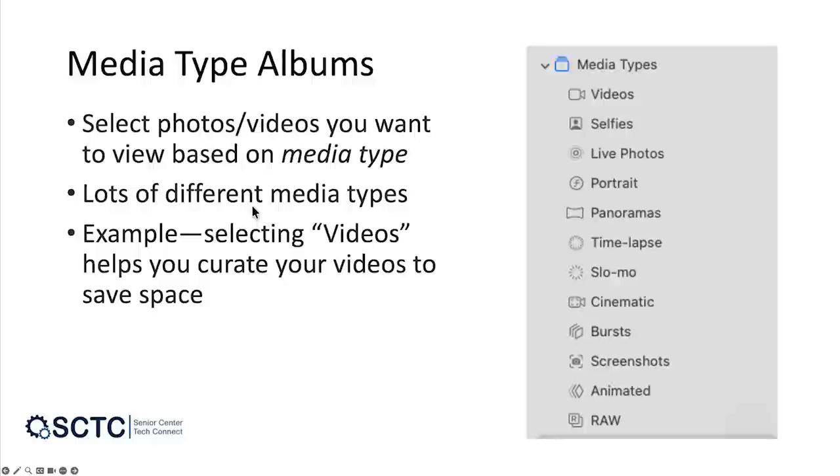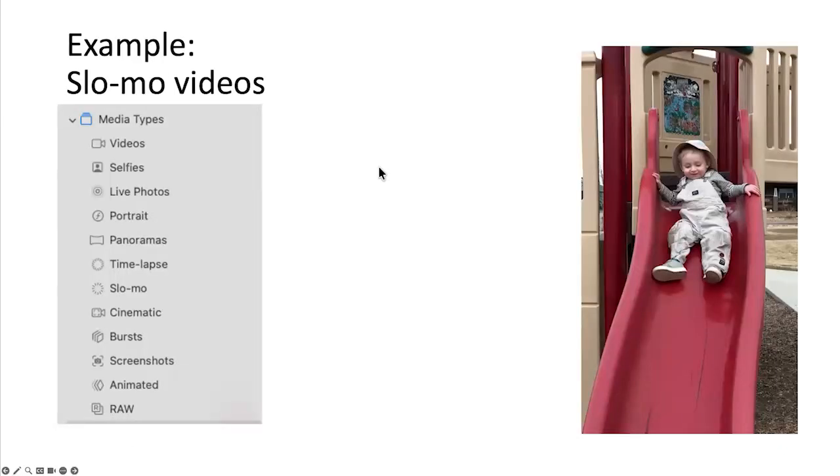And one of the uses for this is if you're running out of room and you've got 300 or 400 gigabytes of photos, you can select the video type and you can see all of your videos. It can tell you if you've got some really long videos in there, those will take a lot of space. So this is an example.